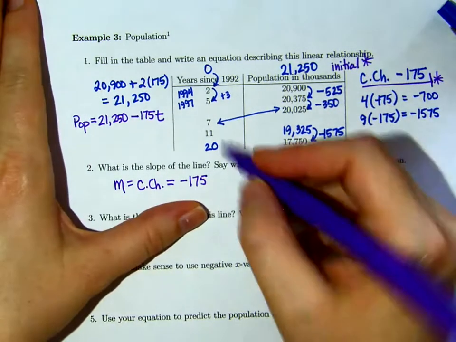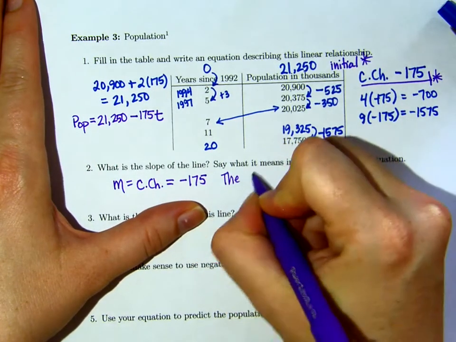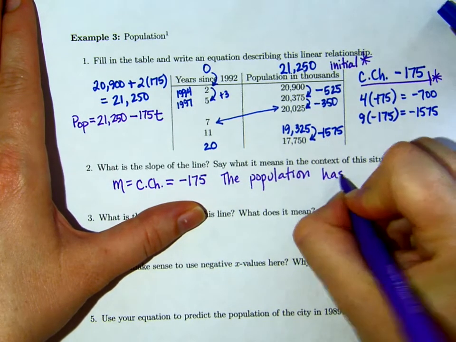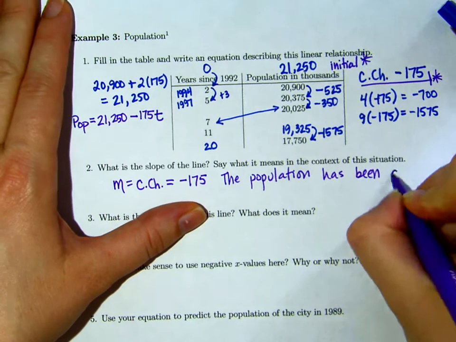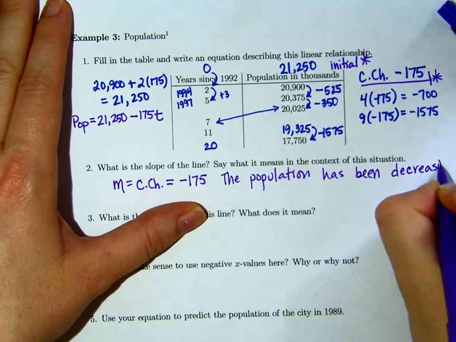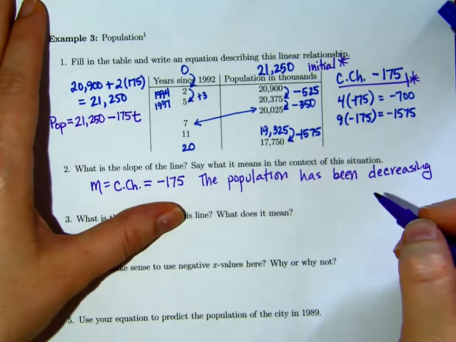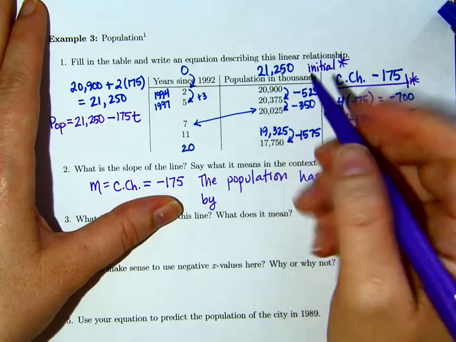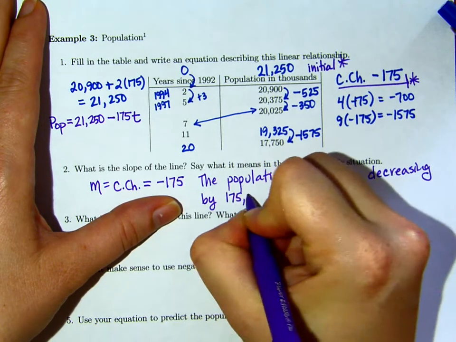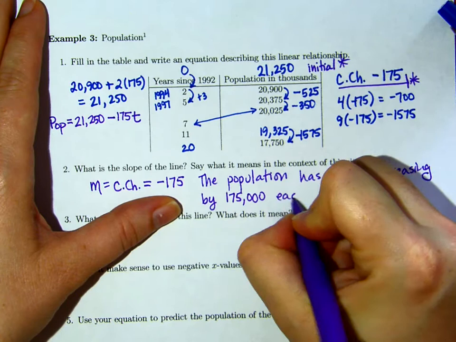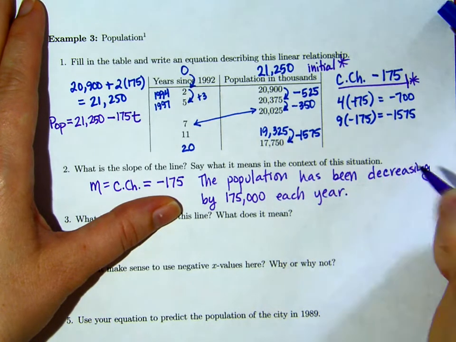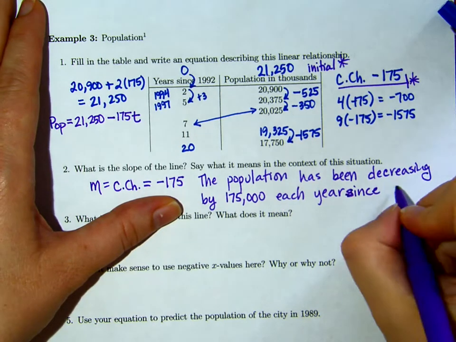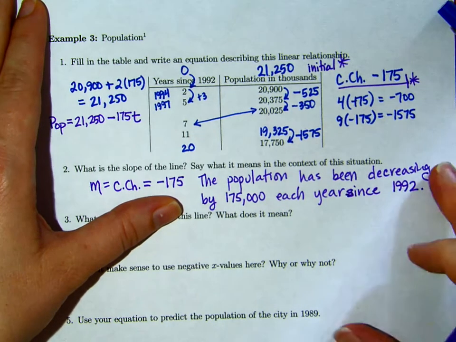And that means the population has been decreasing by 175, and this is in thousands, remember, so 175,000 each year since 1992. It's a migration.